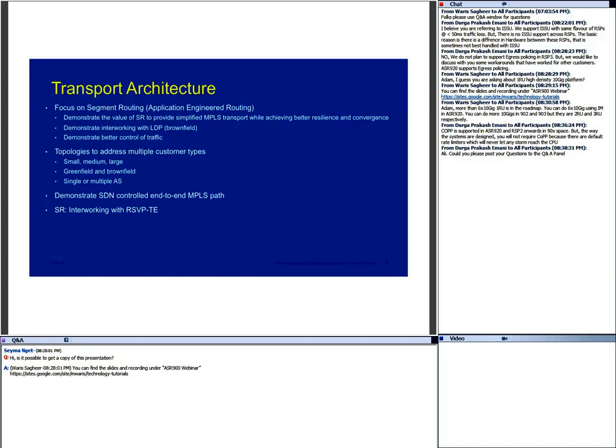And with ASR900 and 920, we are actually leading it by supporting the segment routing features, not just to complete the whole segment routing architecture, but also to help customers migrate from unified MPLS to segment routing based architectures.